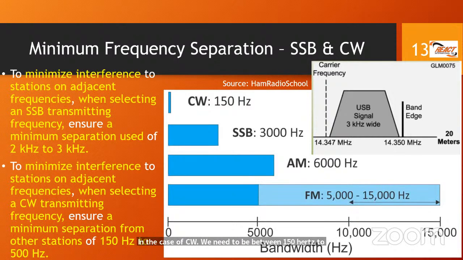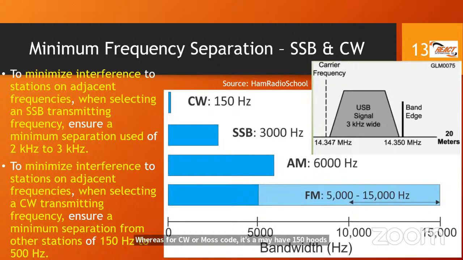So notice the difference here. For single sideband, it's a much larger separation, 2 kilohertz, which is 2000 hertz to 3000 hertz, whereas for CW or Morse code, it's a mere 150 hertz to 500 hertz. That's the range of minimum separation that we should try to keep.